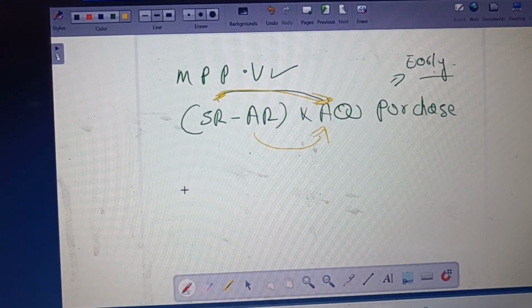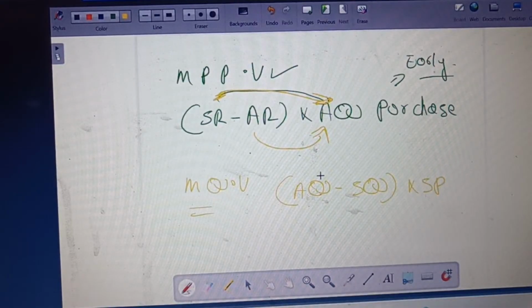Then we have material quantity variance: actual quantity minus standard quantity multiplied by standard price. When we expand this, I'm talking about inputs, not the final production.